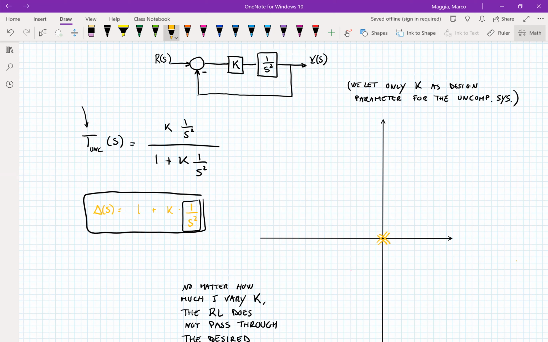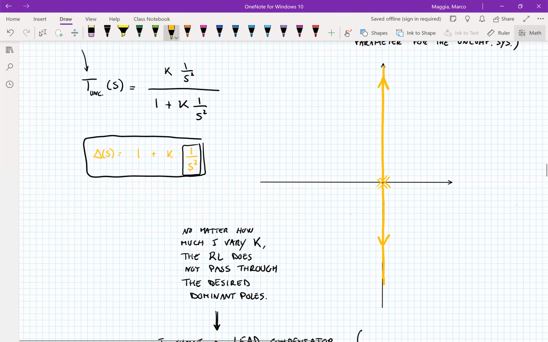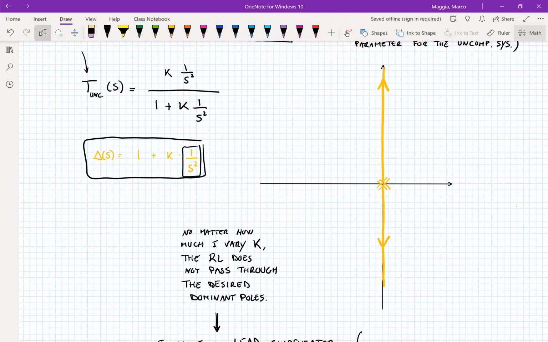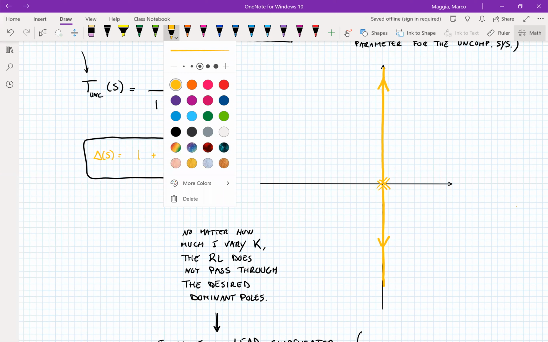None of the real axis belongs to the root locus, and the root locus for this example is simply the imaginary axis. We have two asymptotes, and when we have two asymptotes, they always make 90 degrees with the real axis. And this is it. This is the uncompensated system root locus.